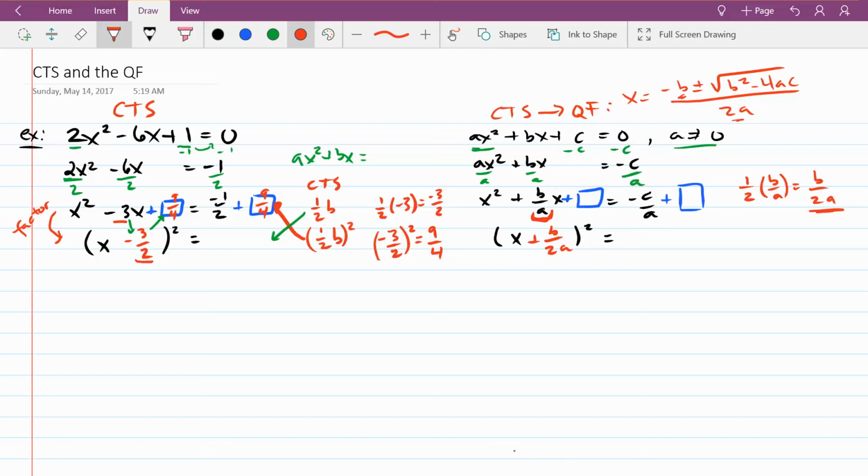Okay, on the general form, now we need to do b over 2a squared, right? So that's b squared, and then 2a squared is 4a squared. So I have to add b squared over 4a squared on both sides to complete the square.